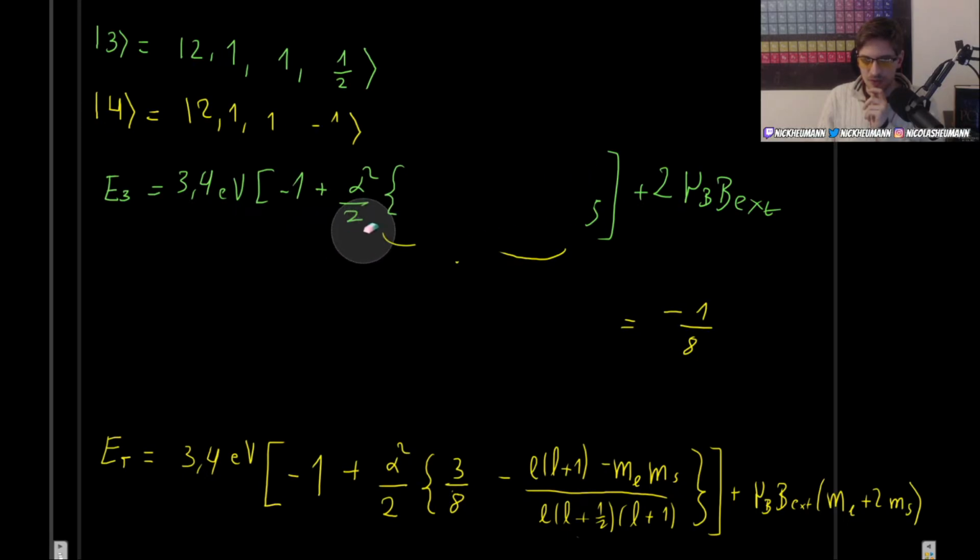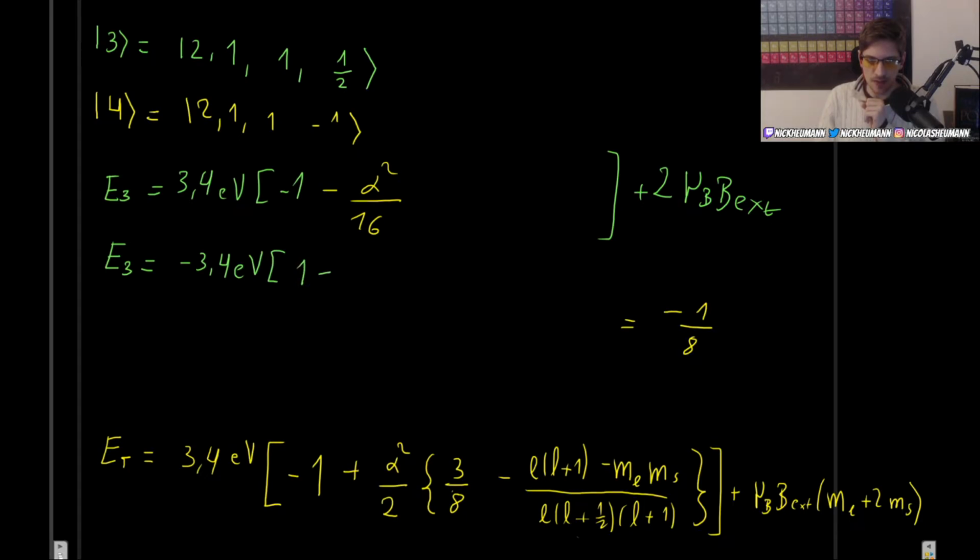And well, we now have to multiply by 1/2. So we get minus alpha squared over 16. And of course, we can factor out all of our negatives. So maybe let's rewrite it so that it's a little bit more proper. So minus 3.4 electron volts, 1 plus alpha squared over 16 plus 2 Bohr magneton external field.